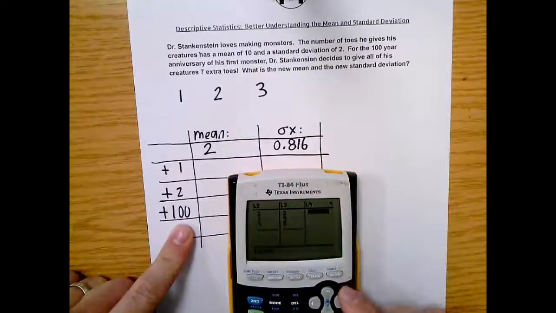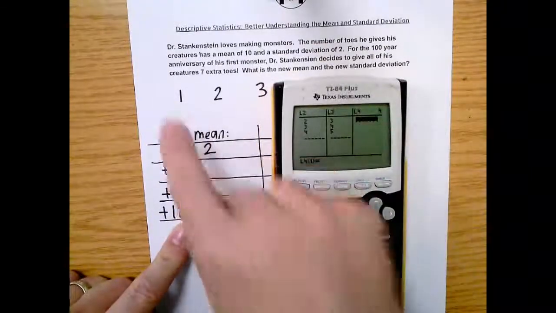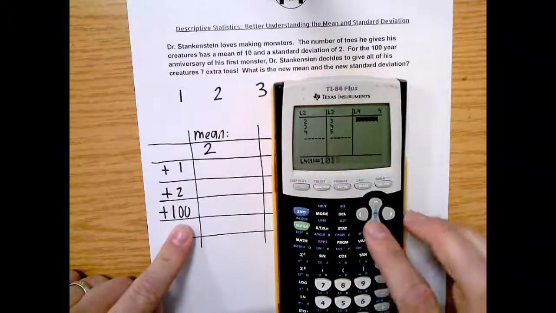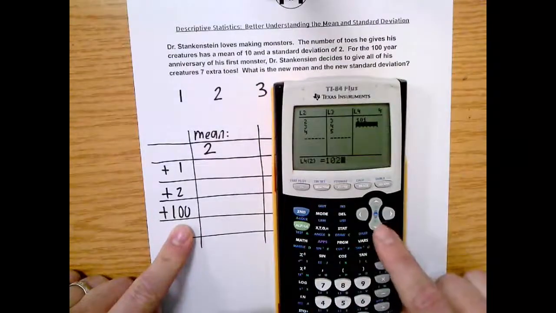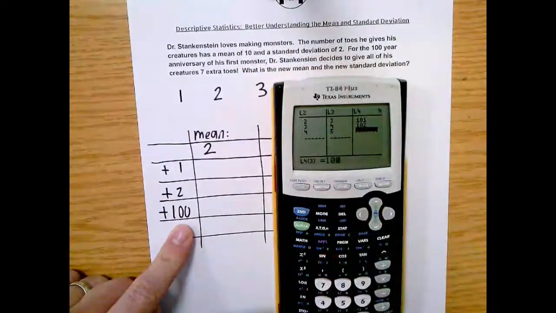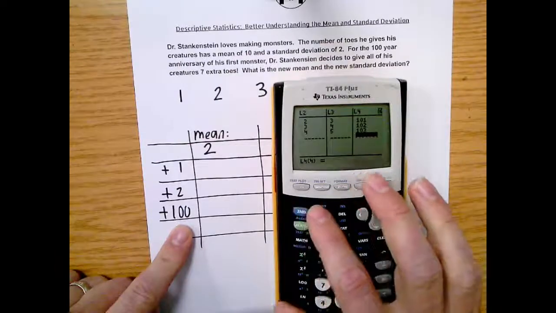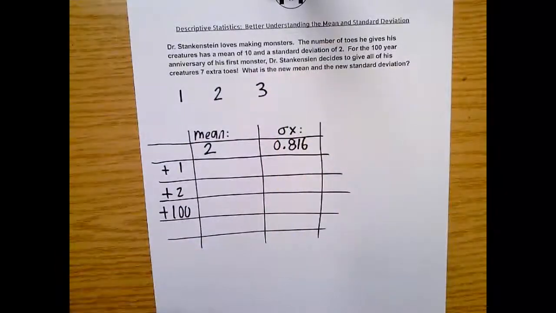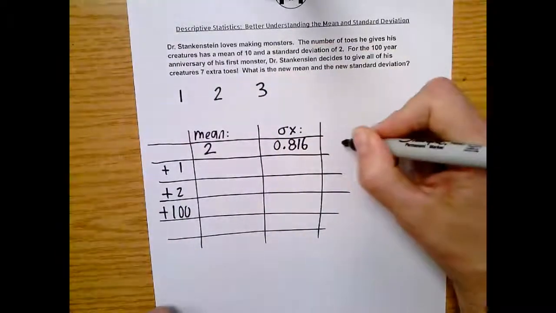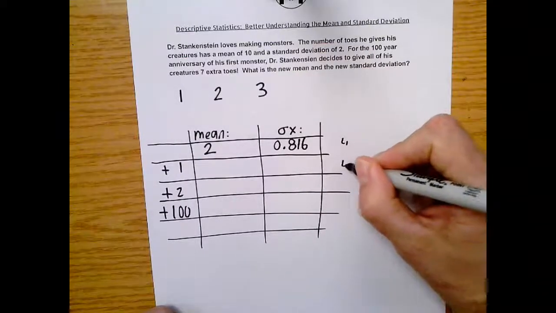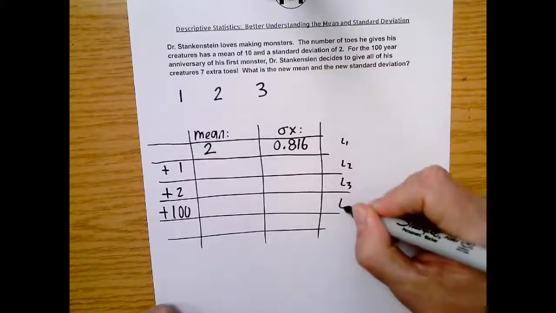We're going to add 100. Why not? So 1 + 100 is 101, 2 + 100 is 102, and 3 + 100 is 103. So now I have 3 lists. And I'm going to go ahead and make a note here. So this was my L1, this is L2, this is L3, and this is L4.